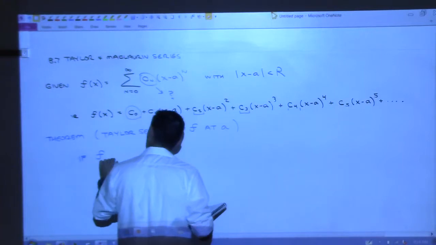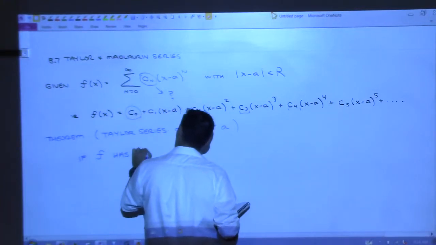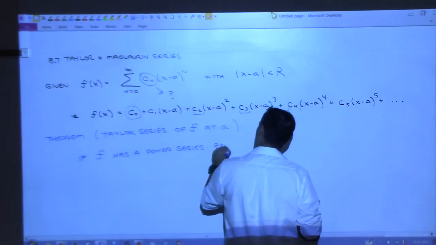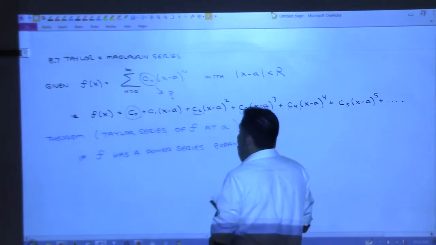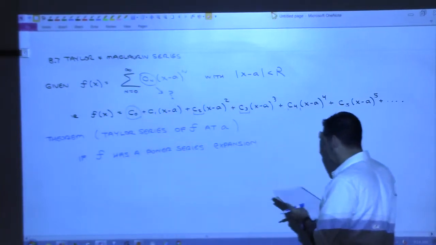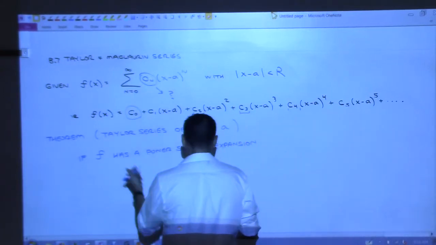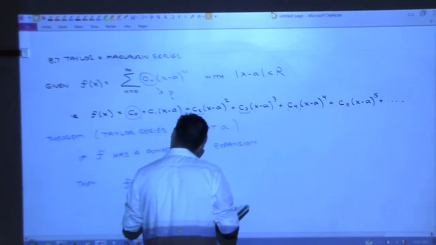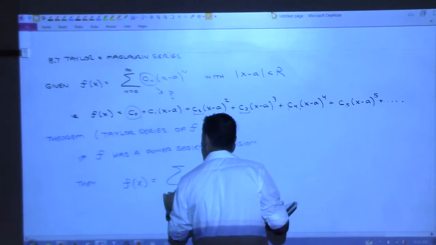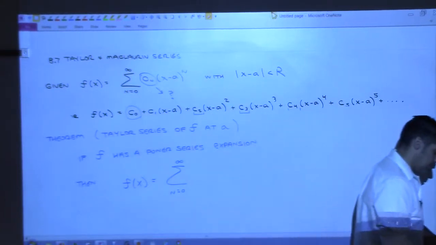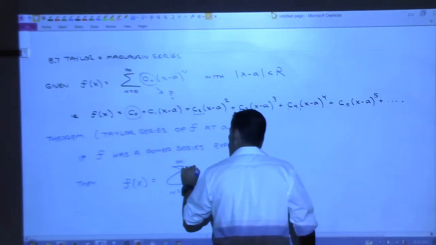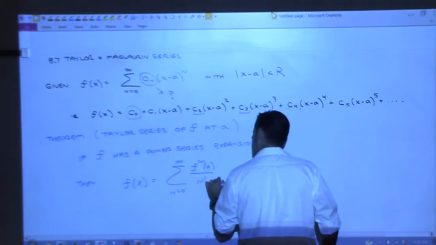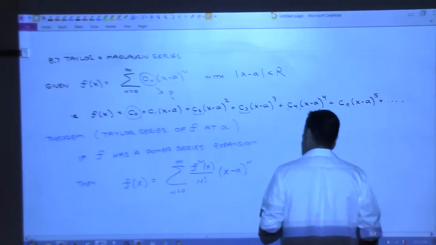If you have a function f that has a power series expansion, in other words, if you have a function that we can expand into its power series, then f of x will be equal to the sum n equals 0 to infinity of the nth derivative at a over n factorial times x minus a raised to the n.